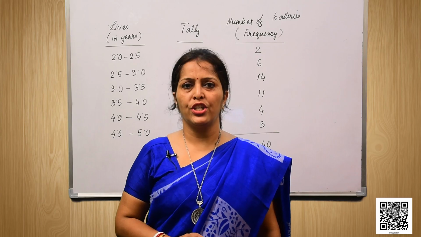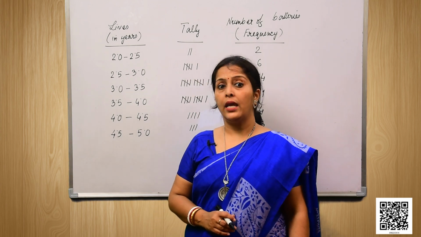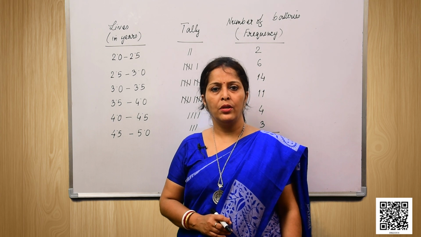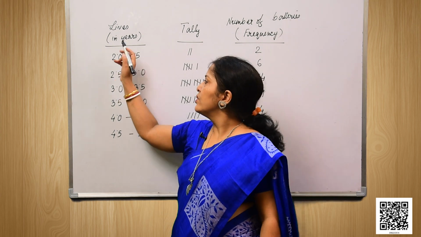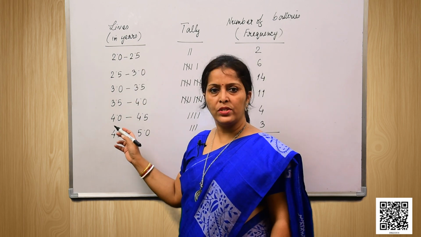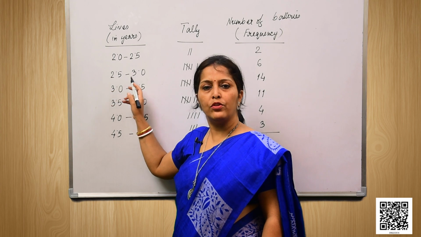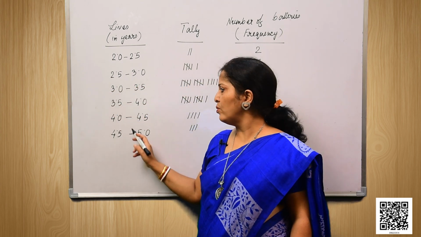So here is the solution of question number 9. Let us see. They have asked us to construct a grouped frequency distribution table with the interval 2 to 2.5. So the lives are as follows: 2.0 to 2.5, 2.5 to 3.0, 3.0 to 3.5 and so on.